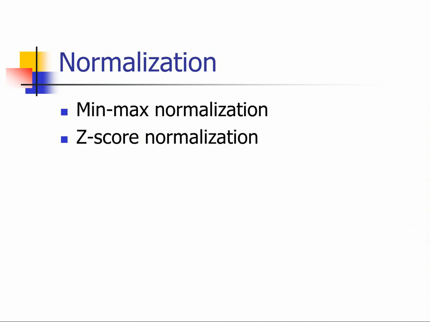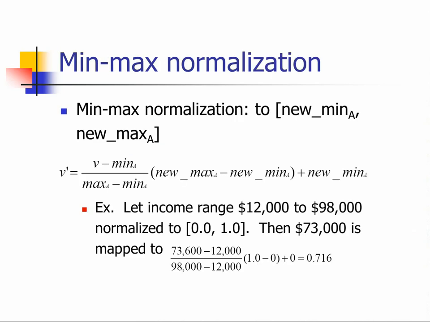Min-max normalization is actually very easy to understand. When we normalize the values, we say that we want the minimum value to be 0 and the maximum value to be 1, and we want to transform all the values into 0 to 1. How can we do that? It's very simple. Based on the value that you're looking at, you subtract the minimum value and divide by the gap, the highest gap in this attribute, that is maximum minus minimum.